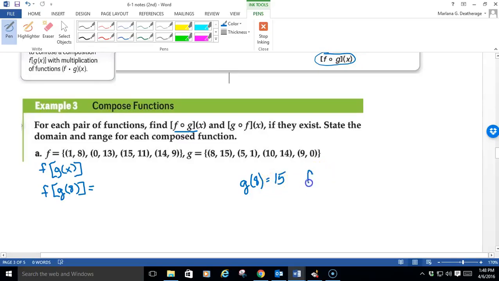So now we want to find f of 15. So what's f of 15? 11. So g of 8 is 15, so we want f of 15, and f of 15 is 11. You don't have to do this part over here, but I was just showing you how that goes there.